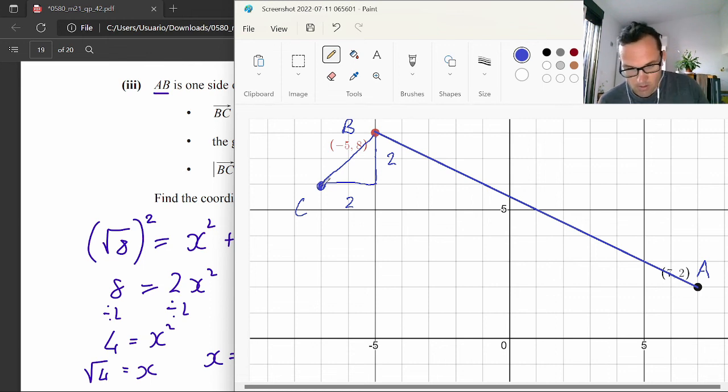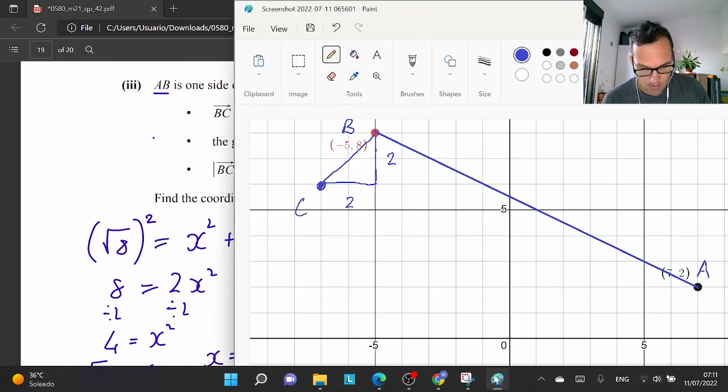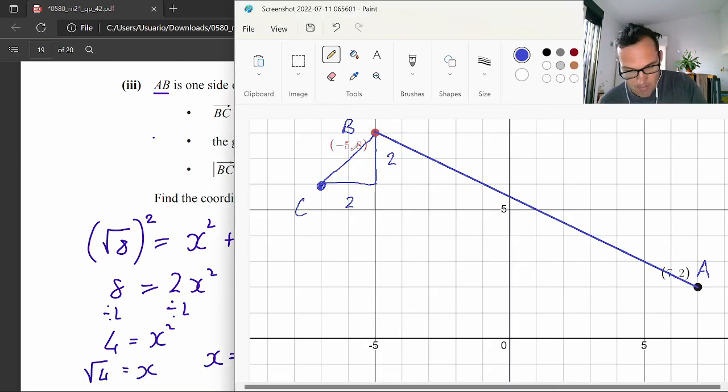We've got the coordinates of C. What they want is the coordinates of D. This being a parallelogram ABCD, D will be down here, meaning we need to go 2 squares down, 2 squares across, as in a parallelogram opposite sides are parallel, which means they've got the same gradient. And there I've got the answer. D is the point 5, 0.